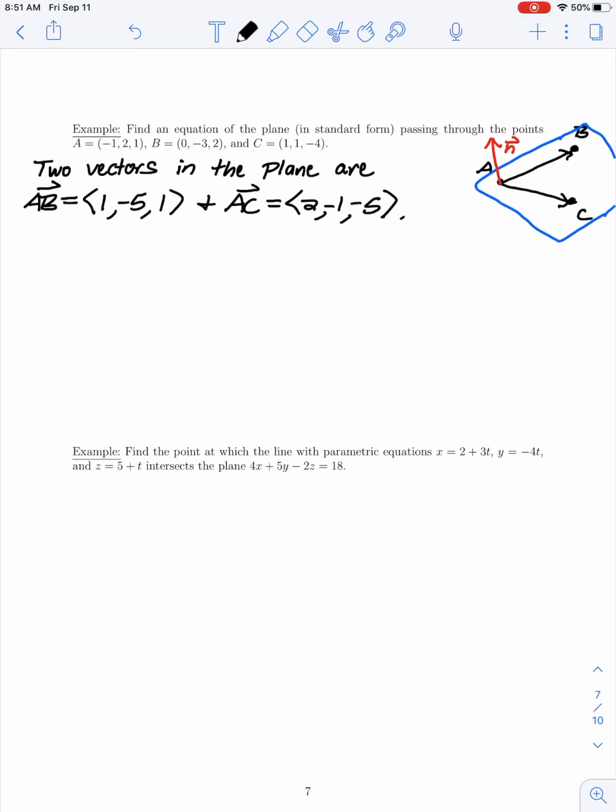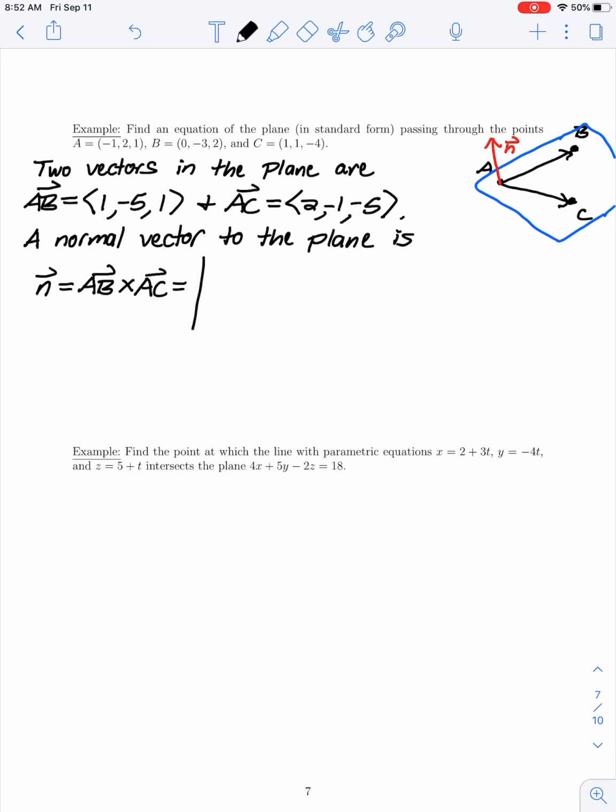So by taking the cross product of these 2 vectors, I would get a normal vector to the plane. So let me say a normal vector to this plane is given by n, which could be taken as the cross product of AB with AC.